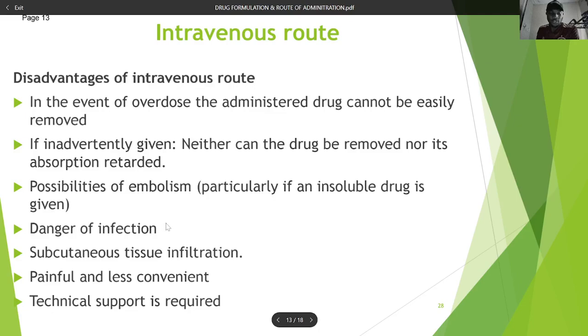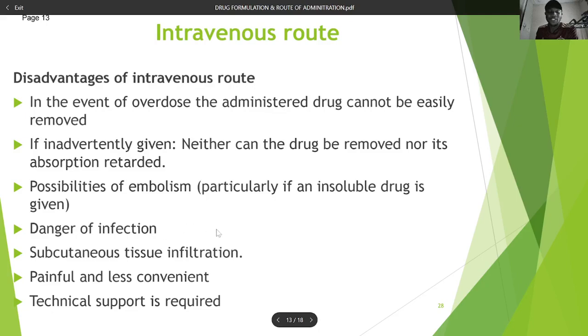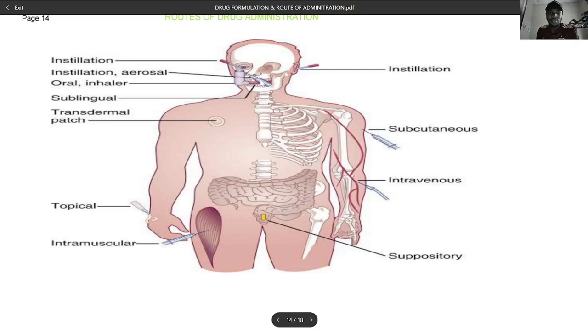Danger of infection, yes, because you are introducing the drug into the blood, and if the area where you are injecting the needle is not sterile, there's a possibility of introducing infection into the systemic circulation. Subcutaneous tissue infiltration can be painful and less convenient. Technical support is required.